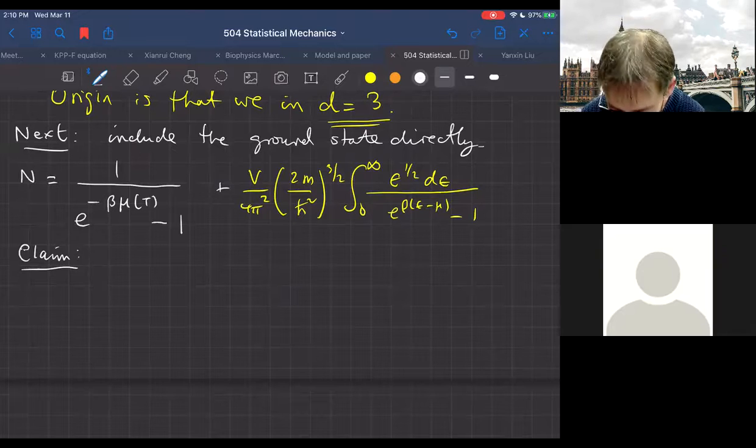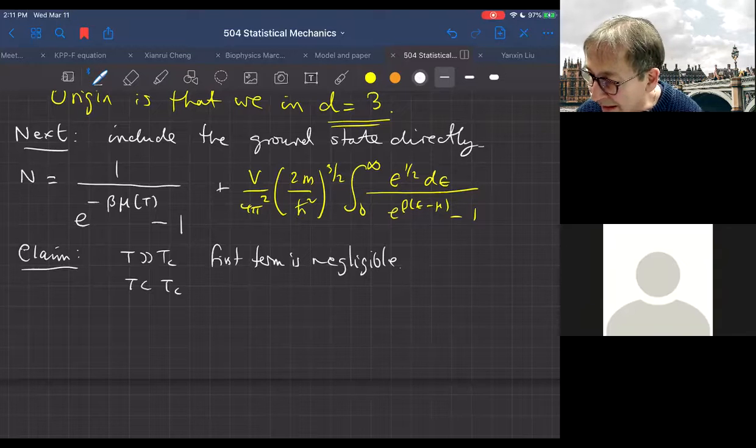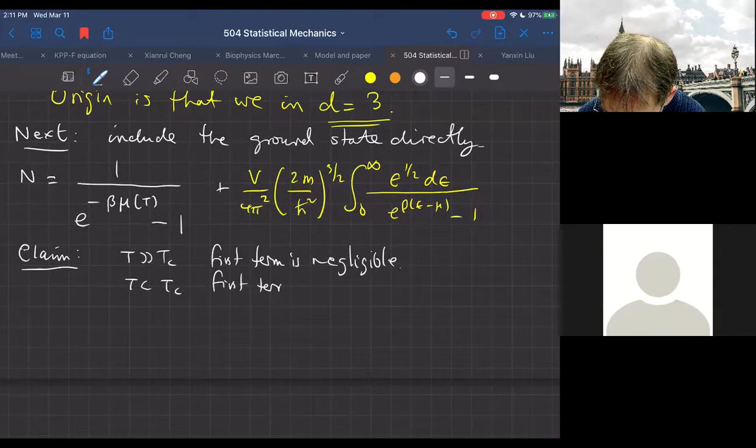My claim is that for t much larger than Tc, the first term is negligible. But for t less than Tc, the first term is important.